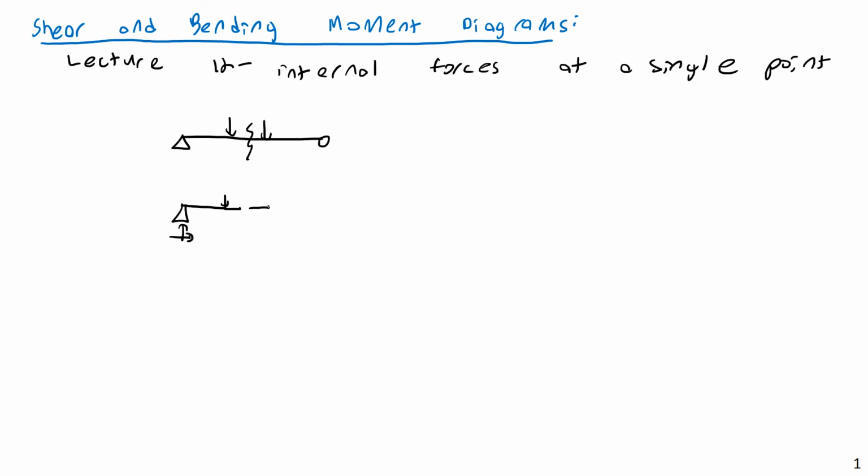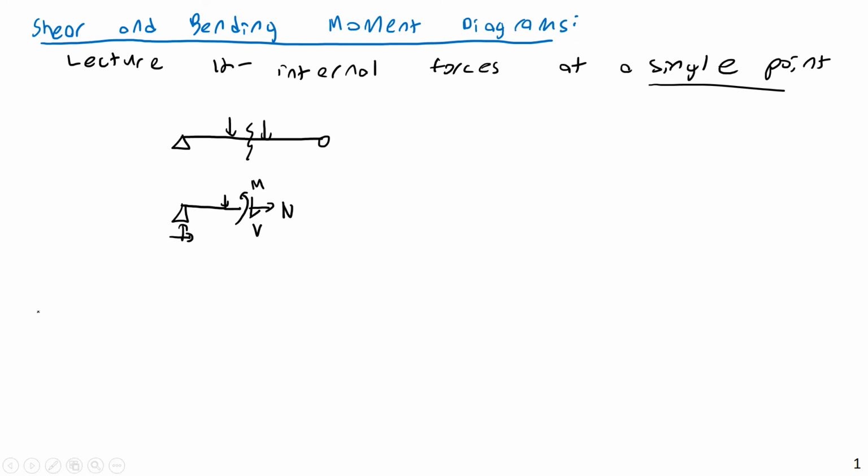And then we would ask, what kind of axial force, what kind of shear force, and what kind of moment has to exist within that beam. Actually, we used N for axial force in our previous video, so I'll use that N here as well for normal force. Again, that's what we looked at last time, but all of this is based on finding the internal forces at a single point.